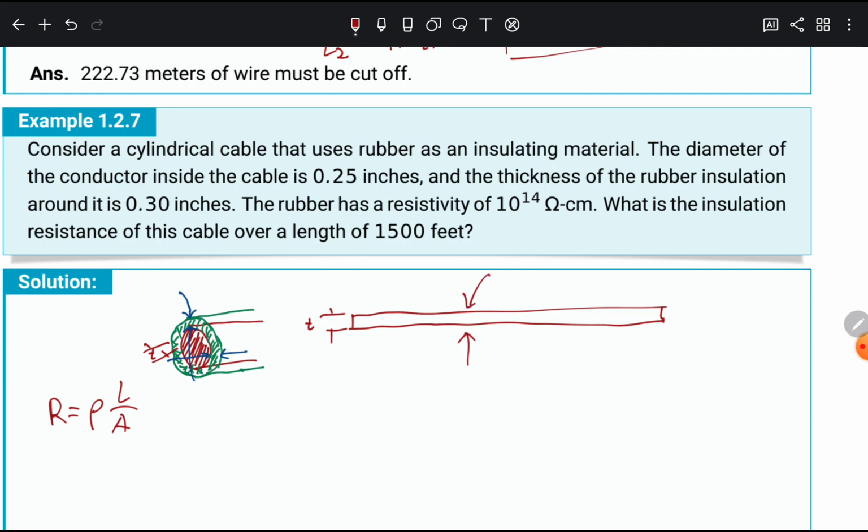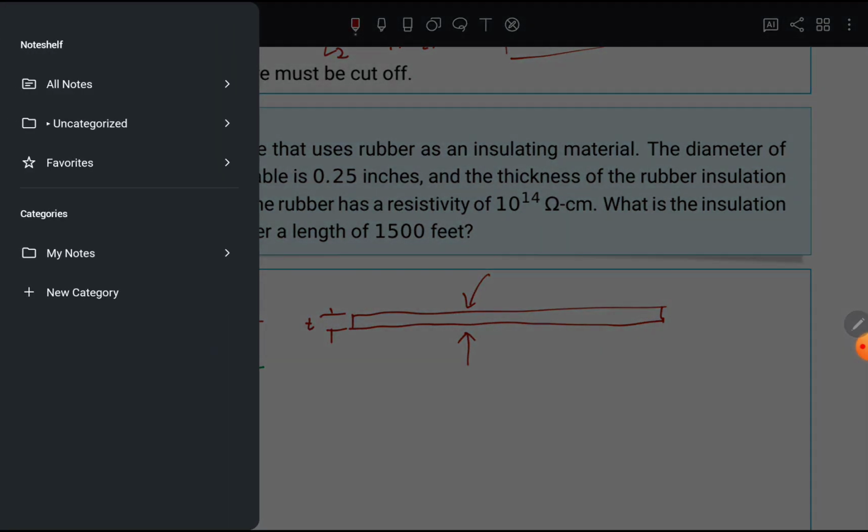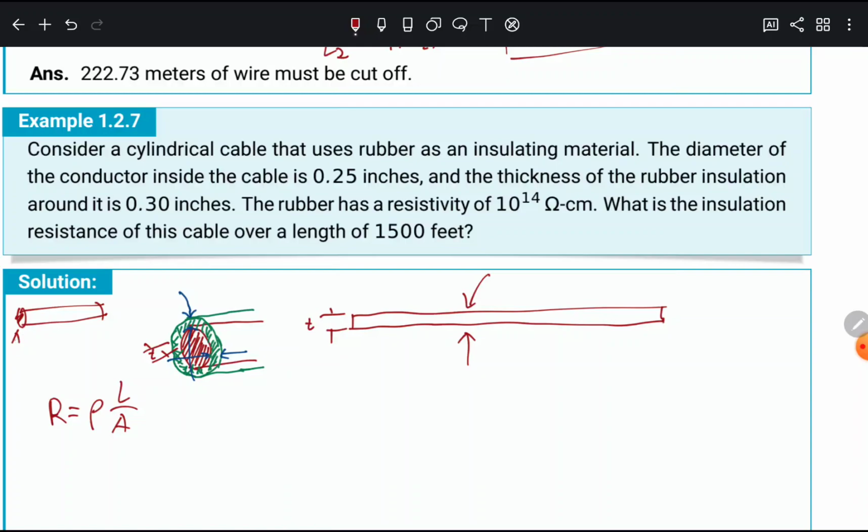So what length will we be using? Remember the orientation, the first one: this is the area, and this is the length. R equals rho L over A, this is the length and this is the area, and we are measuring here.